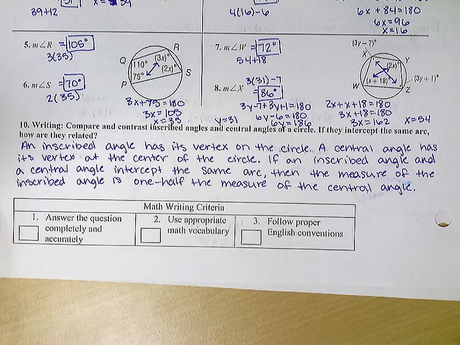Okay, so make sure you are working on this. Central angles and inscribed angles are a little bit more challenging. That's why I gave you a little bit more challenging problems, so you understand the difference between the two measures, okay? Because I really need you to understand that difference.